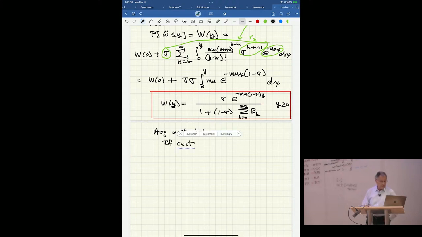If a customer finds k greater than or equal to m in system when he arrives, then again he must wait for k minus m plus 1 to leave before he gets a free server.